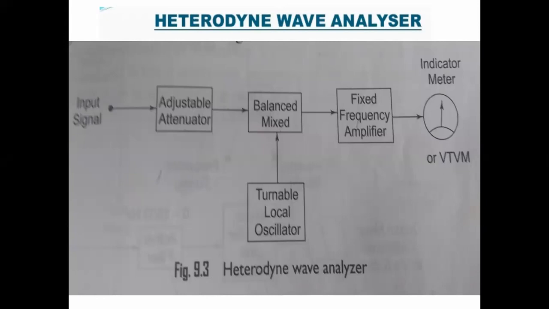By that heterodyning process, we can generate the desired frequency component, and that component can be measured using a voltmeter. Before measuring, the heterodyne output will be converted into a DC signal, and that will be measured by the voltmeter.